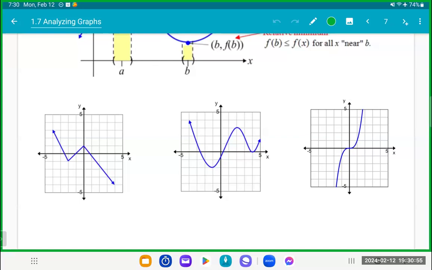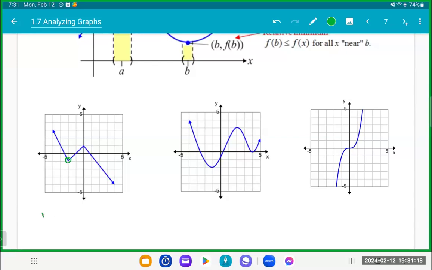So when I look at this first graph and I want to determine the lowest or the smallest point that I can see that isn't the arrows, it would be this point right here. And that occurs when x is -2.